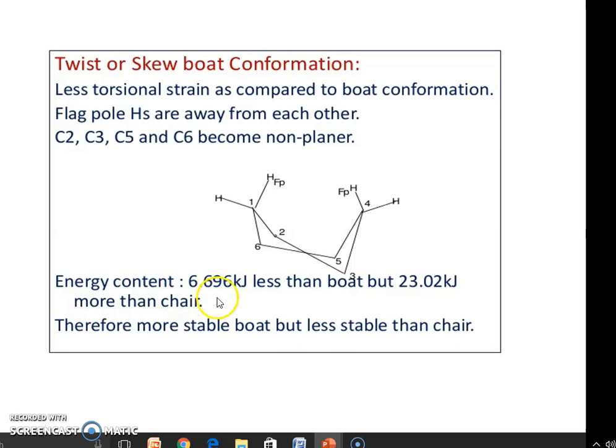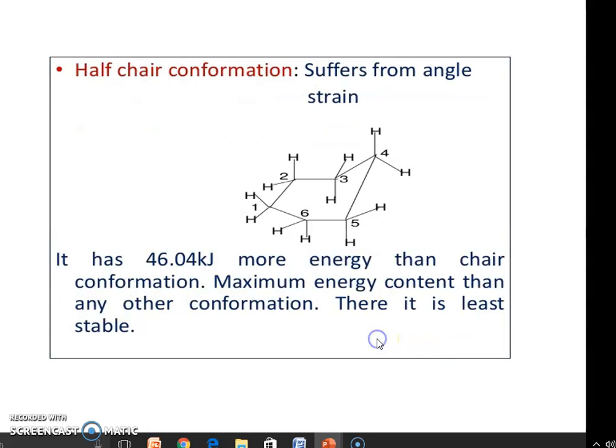The energy content is 6.696 kilojoules less than the boat, but 23.02 kilojoules more than the chair. Hence this is more stable than the boat conformation but less stable than the chair conformation.